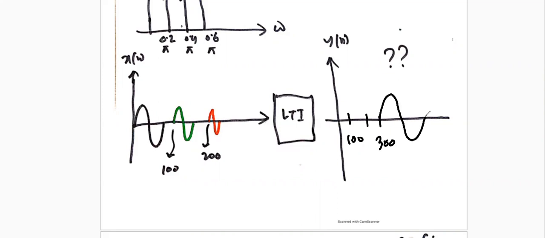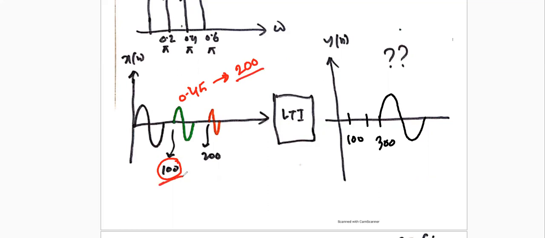Okay, fine. What about the second one? It starts at 100. And what is the delay for 0.4 pi? The delay is 200. We have already mentioned that in the group delay, it is delayed by 200, and it starts at 100.